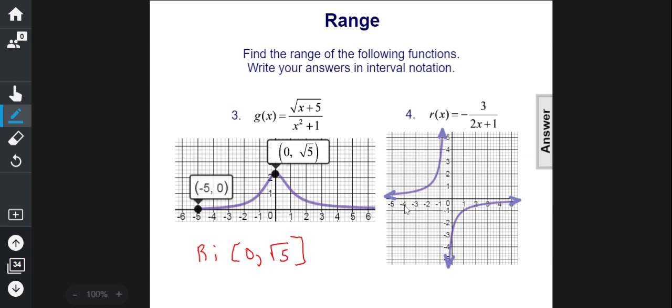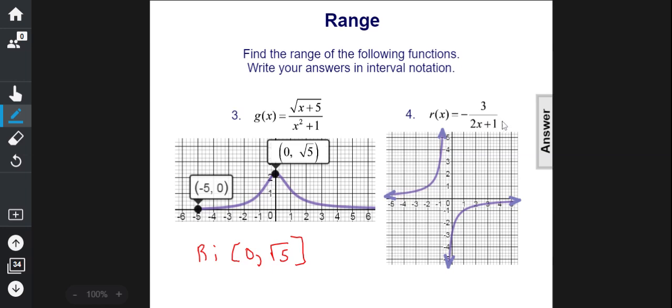But when we write out the range, we need to think about what's our highest, what's our lowest, but also we have to consider, is there anything that we're avoiding here? It looks like we have an asymptote right here too along our x-axis. So it's not making it to 0. If you think about it, what can you divide 3 by that will give you a 0?